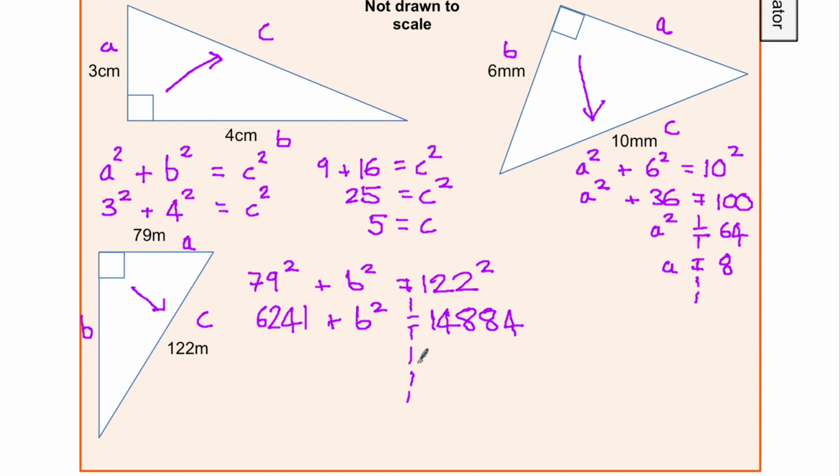So if I subtract this 6241, I'll get B squared on its own. And then I'll use my calculator again to do 14,884 take away 6,241. So that gives me 8643.